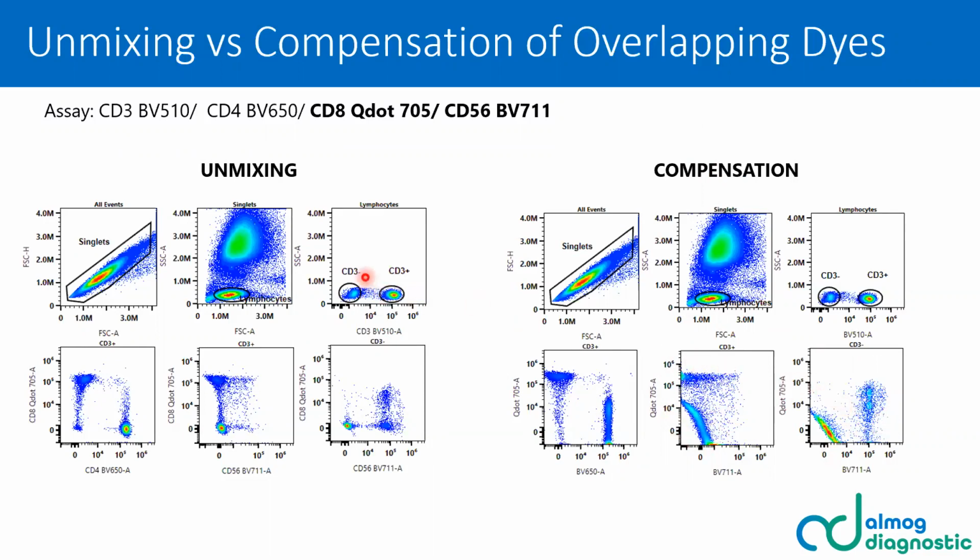So when looking at unmixing, we can see that the positive signals are very well resolved and negative signals are correctly clustered. So the unmixing has the power to give us high quality data for these two dyes that cannot be combined together in conventional flow cytometry because the compensation does not have the power to resolve these two dyes and give you quality data.